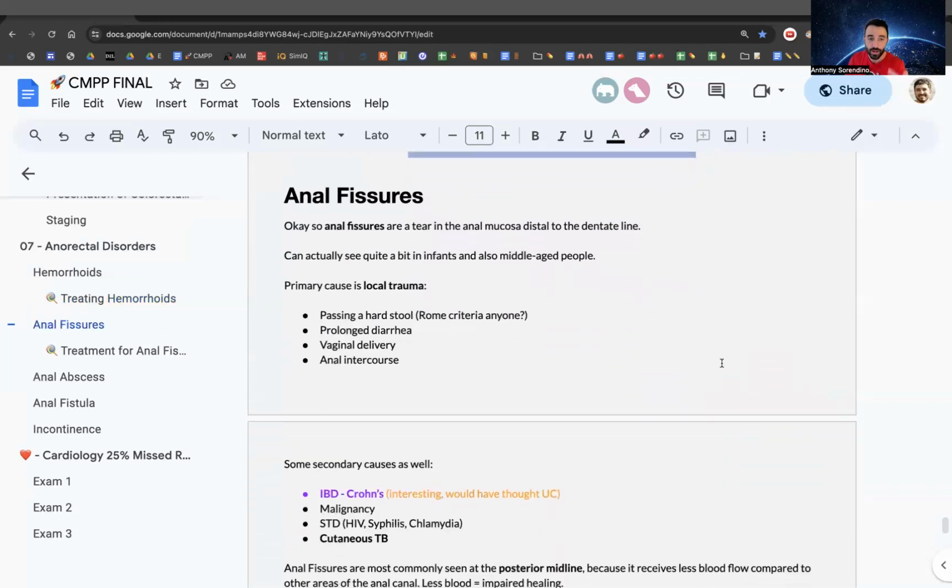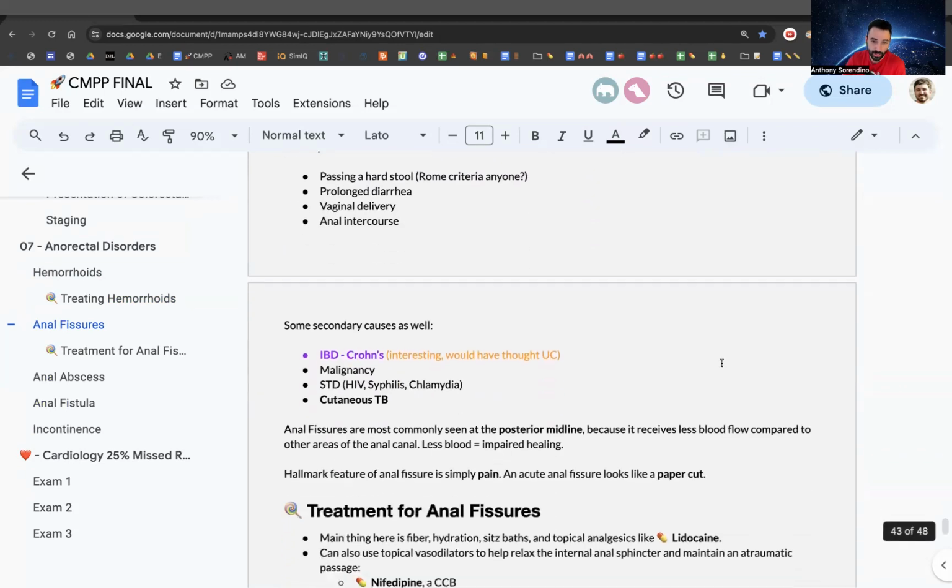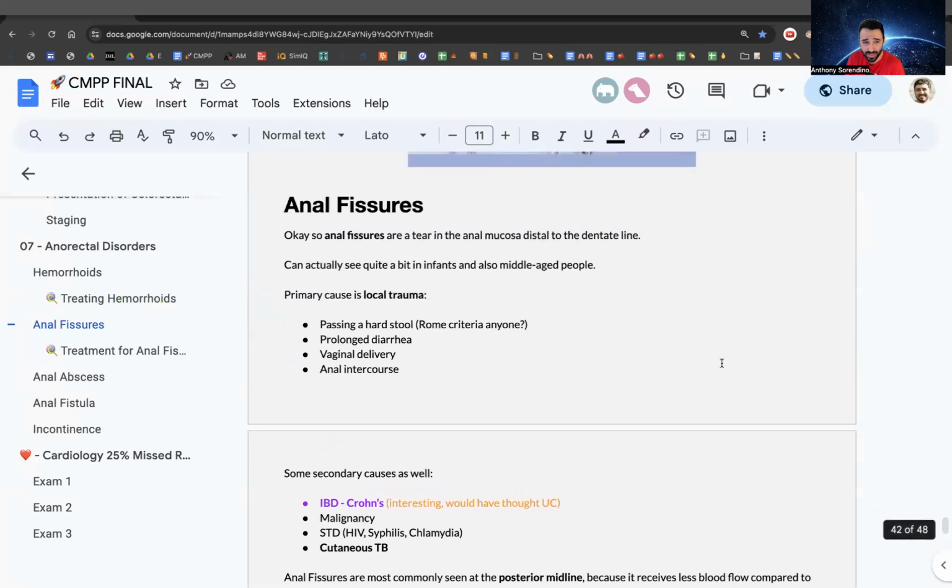Okay. All right. Anal fissures. These are a tear in the anal mucosa distal to the dentate line. You can actually see these in infants, but also in middle age. And the primary cause is local trauma. So passing a hard stool, prolonged diarrhea, vaginal delivery, anal intercourse. Secondary causes: Crohn's. I would have thought this would have been ulcerative colitis because Crohn's is more in the ileum.